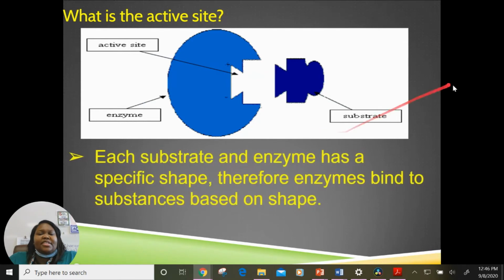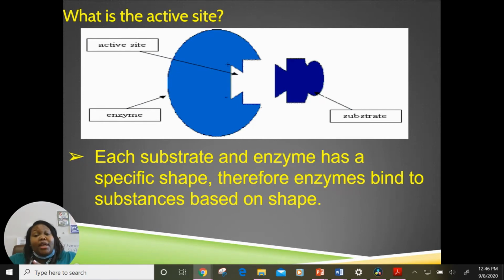What is the active site? Every single substrate and enzyme has a specific shape, and that shape is what binds to the active site. So enzymes will bind to substances based on their shape. That's important. How does an enzyme know which substance it's going to work with or what substance will bind to it?